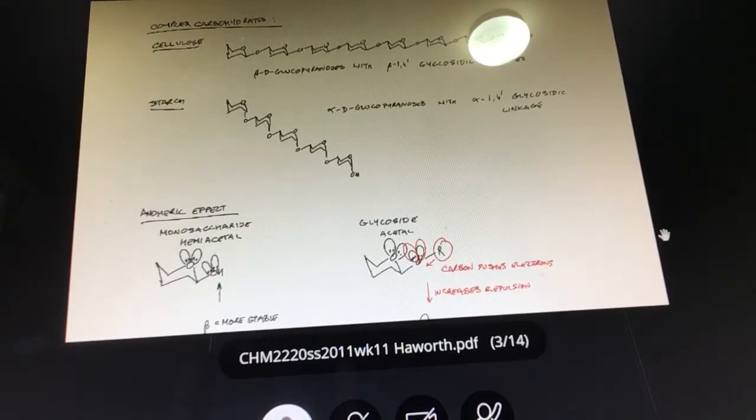And when we look at cellulose, cellulose is this beautiful long chain of glucoses, all linked together with beta 1 4' glycosidic ether linkages. And then you look at starch, and starch is a little bit more clunky because the glycosidic linkage out of one glucose and into the other is an alpha 1 to 4' linkage.